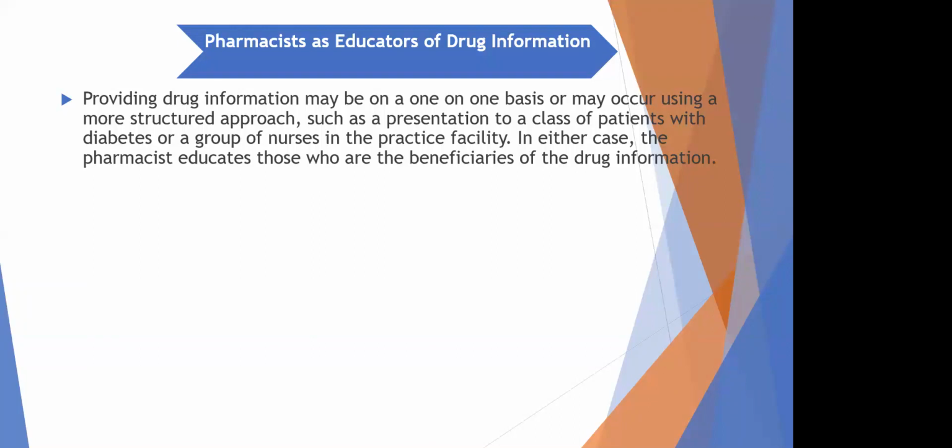Now, the systematic approach will involve getting background information. That is, when a question comes in for drug information, you want to get more information concerning that particular question. You may want to get background information on the person who is requesting the information.